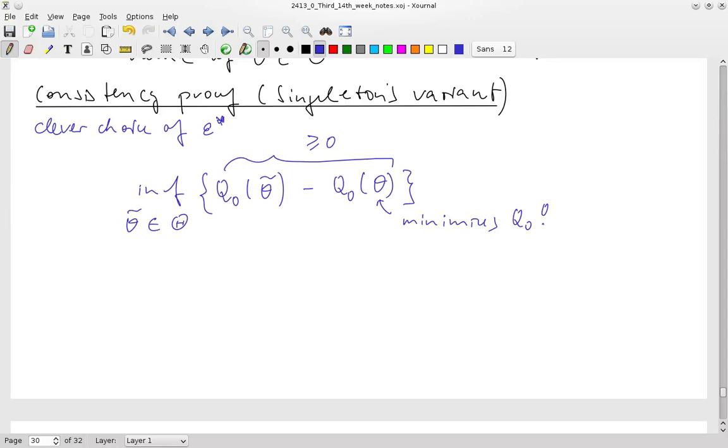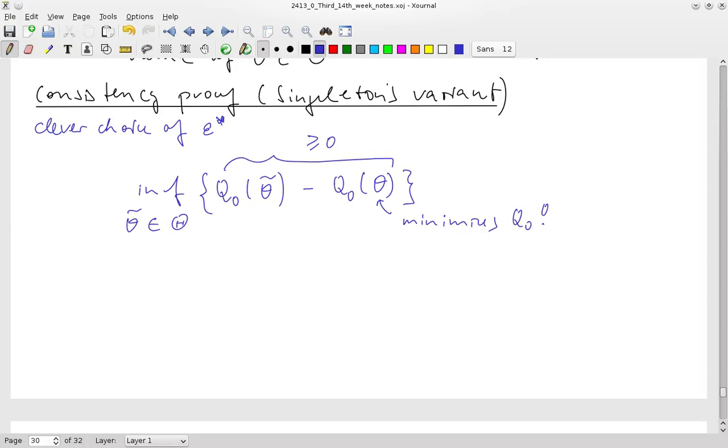Now, from what I said, obviously the pick that gives you the smallest difference would be to pick theta tilde equal to theta. So that would be the inf, right? 0. But I'm making a little constraint here.